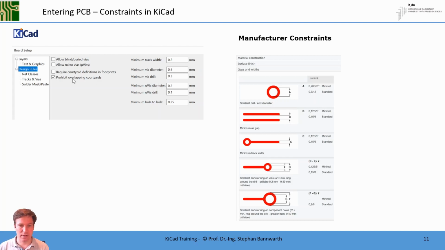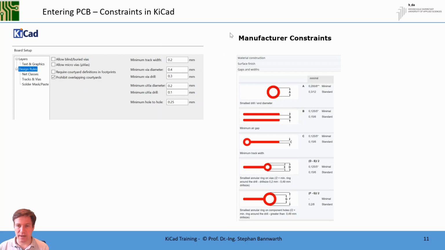So you cannot overlap courtyards of components, which definitely makes sense when you start your layout or when you are a beginner. Okay, so then you see here design rules for the track size, for the diameter of drills, for the diameter of micro drills, and the distance between 2 holes. This is the left side, this is the KiCad menu.